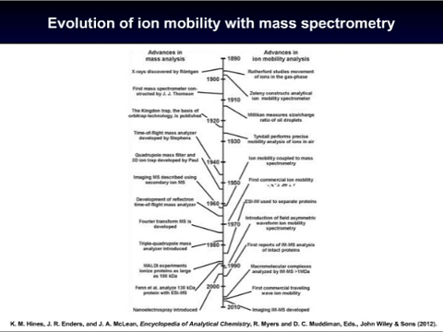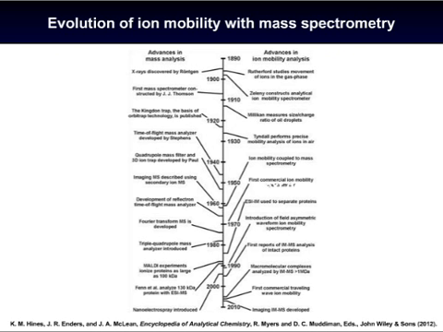This slide shows the evolution of ion mobility in the context of mass spectrometry. In 1895, Wilhelm Röntgen first discovered X-rays, for which he was awarded the first Nobel Prize in Physics. In 1896, Ernest Rutherford did the first ion mobility experiment, which predates mass spectrometry by about 20 years.